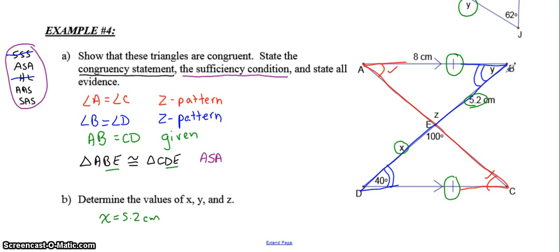Y is right here. That's angle B. Angle B corresponds to angle D. So y is equal to 40. Lastly, z is equal to 100 because those are opposite angles.